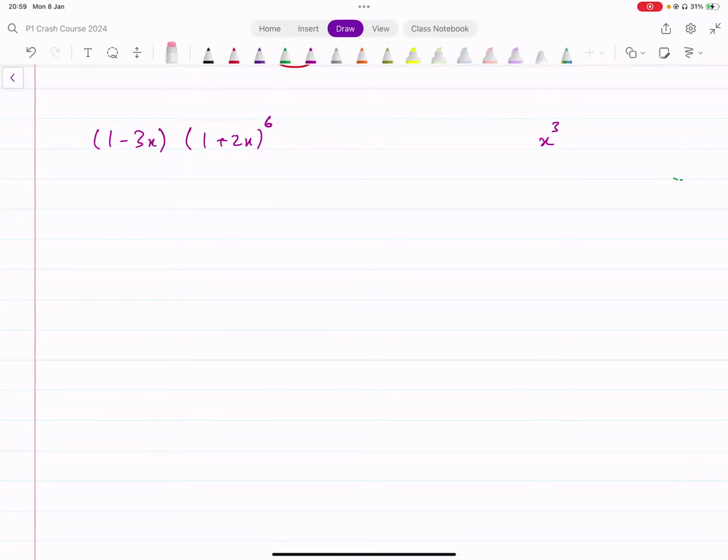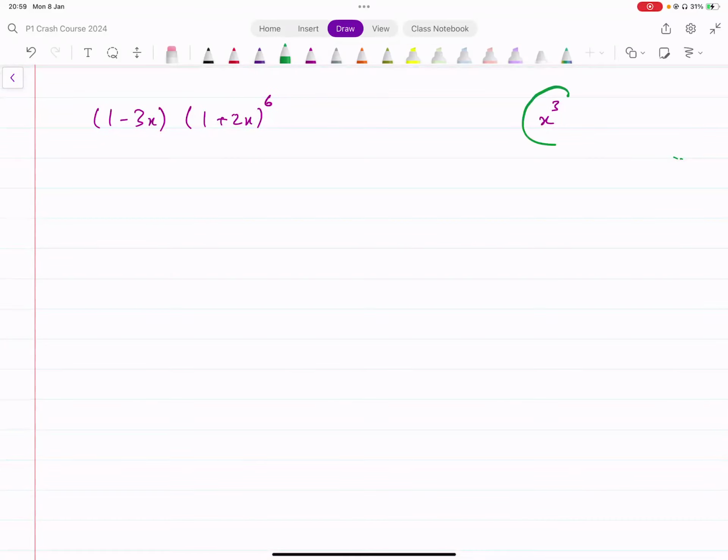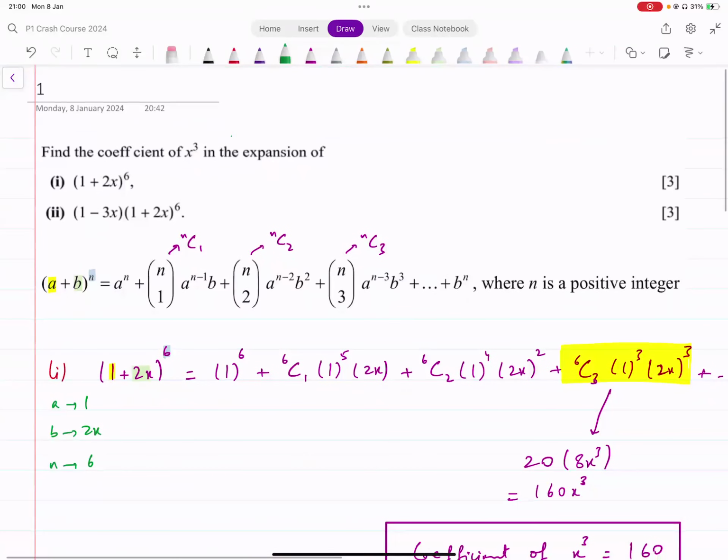And you're going to think about how you are going to get x cubed as the result. Remember, what are we looking for? We are looking for the coefficient of x cubed. That's the only term that we are concerned about. That's what the question says, right?